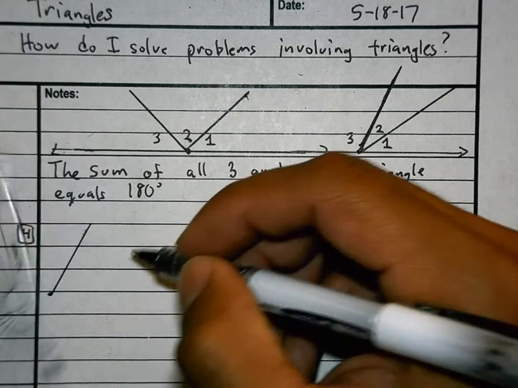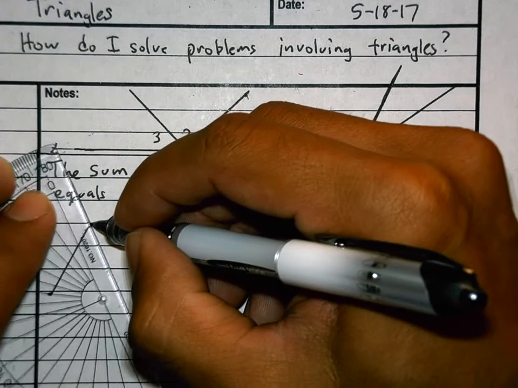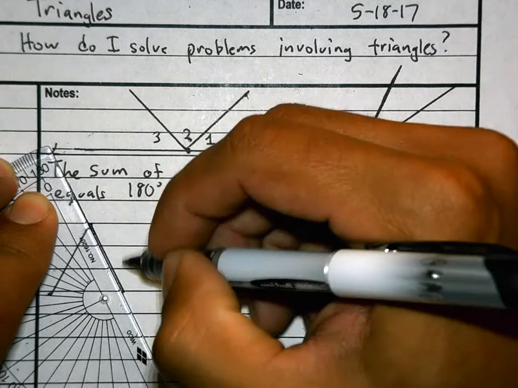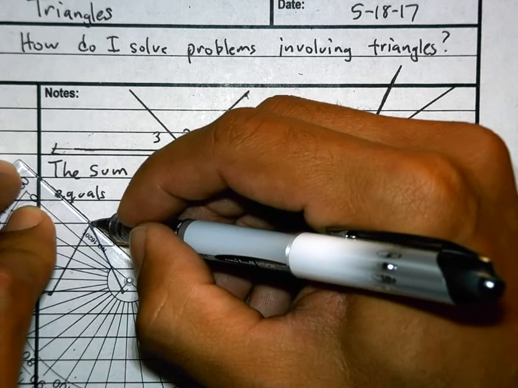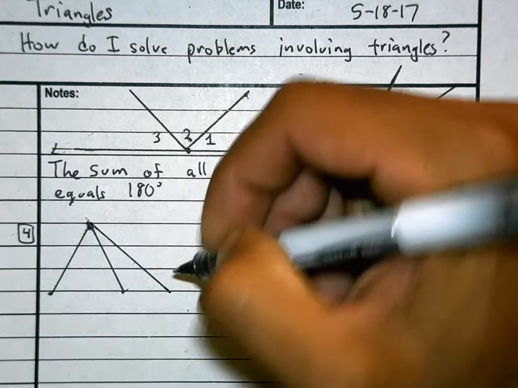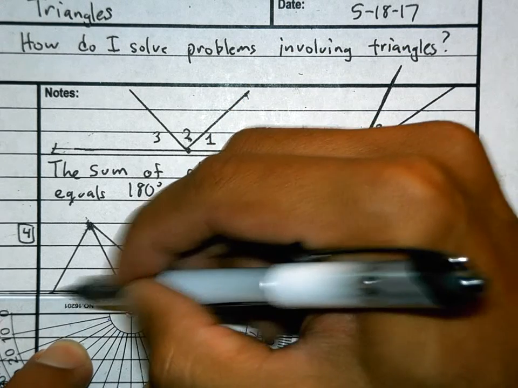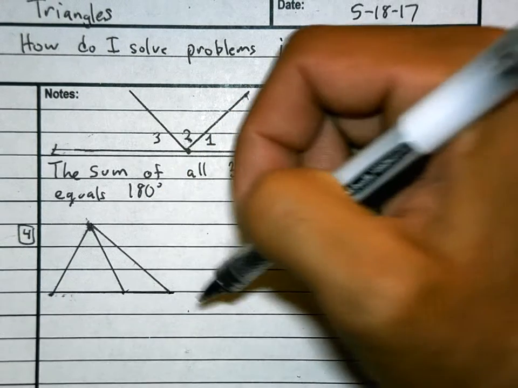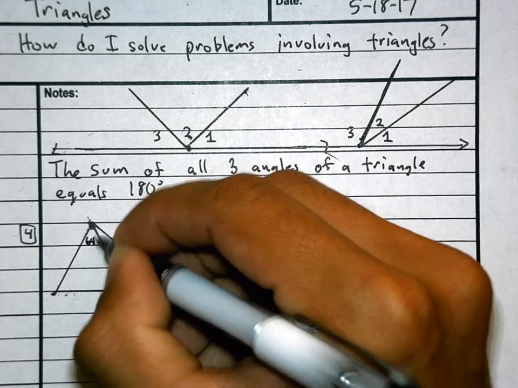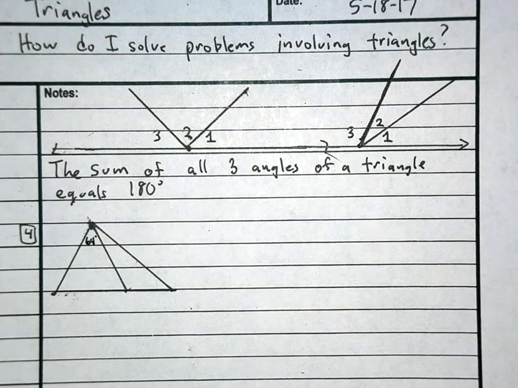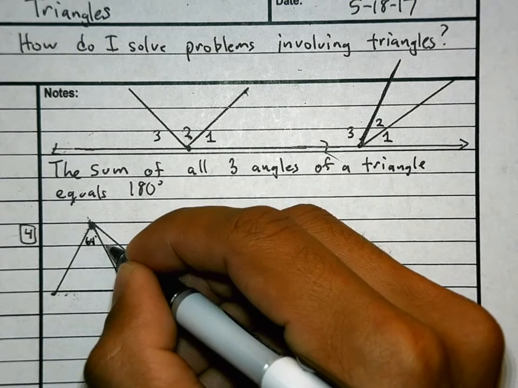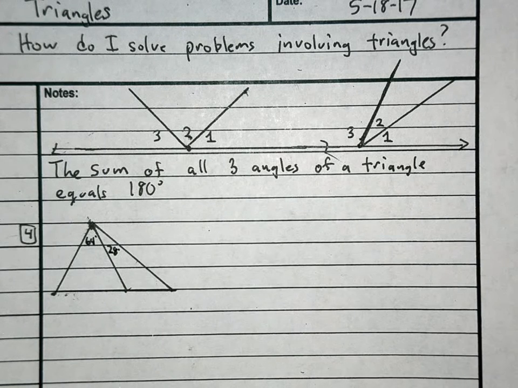Triangle. Bottom of the triangle. 64 degrees. 28 degrees.